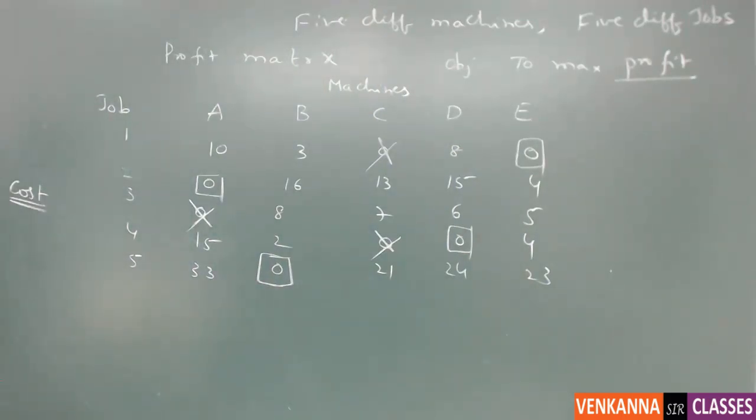Since you got only 4 allocations, the minimum number of lines required is nothing but 4, to cover all these zeros, or you may draw 5 lines.